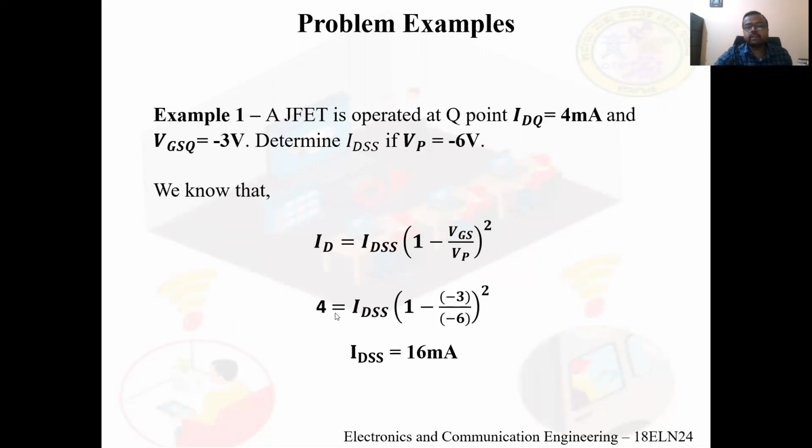Simplify this: 4 equals IDSS times 0.5 whole square, so you get 16 milliamperes. You see, this is 1 by 2, 1 by 2 whole square is 1 by 4. Therefore, 4 into 4 will be 16 milliamperes.